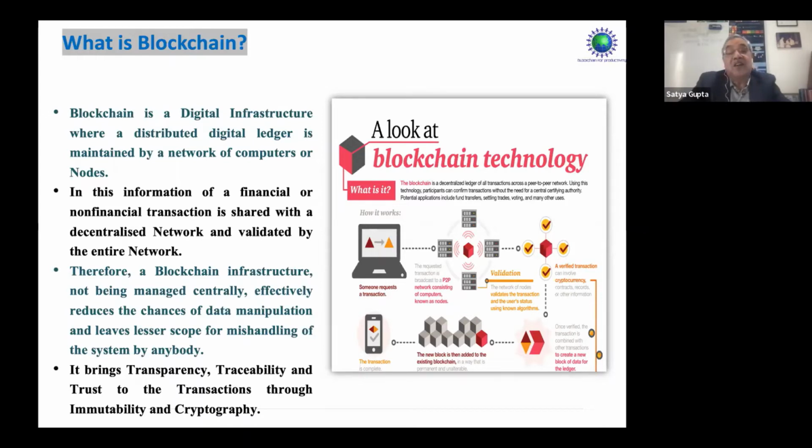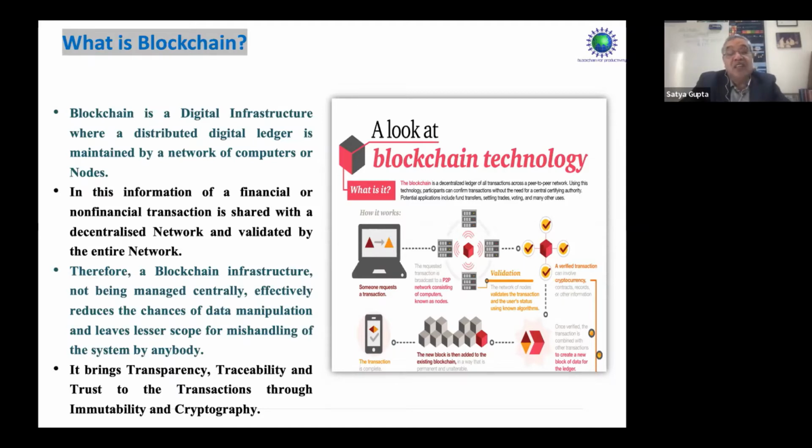There is no central controller here, which happens in most other kinds of ecosystems, infrastructures, and networks. It brings transparency, traceability, and trust. I call it 3T, or you can call it 4T. It is all about transactions, and blockchain brings transparency, traceability, and trust.